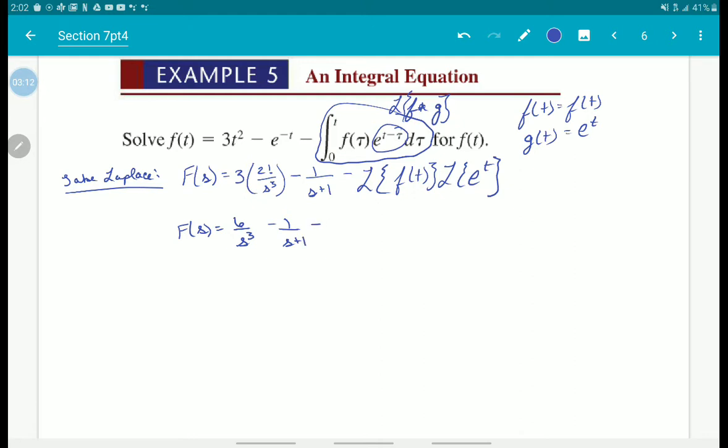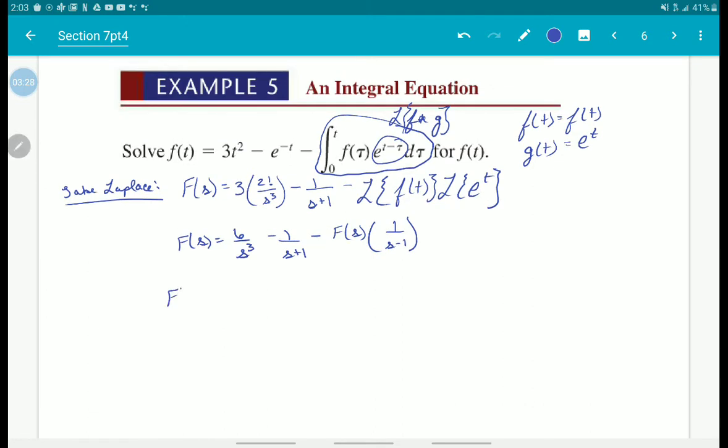The Laplace of f of t is just capital F of s. The Laplace of e to the t is 1 over s minus 1. Now, this is going to work the same way as what we've done before. We need those F of s terms on the same side, and we need to isolate.